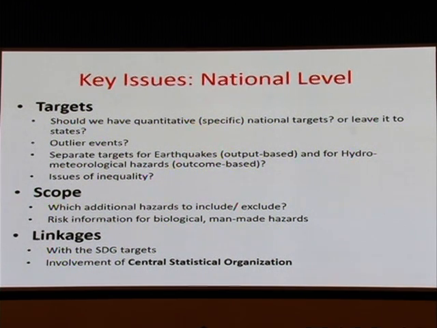Some of the states, most notably Bihar, have committed themselves to specific targets: 75% reduction in mortality, 50% reduction in number of people affected, 50% reduction in economic losses. On what basis have they chosen 75, 50, 50? I don't know. Is it just a number around which you galvanize action, or is there some scientific analysis behind it?